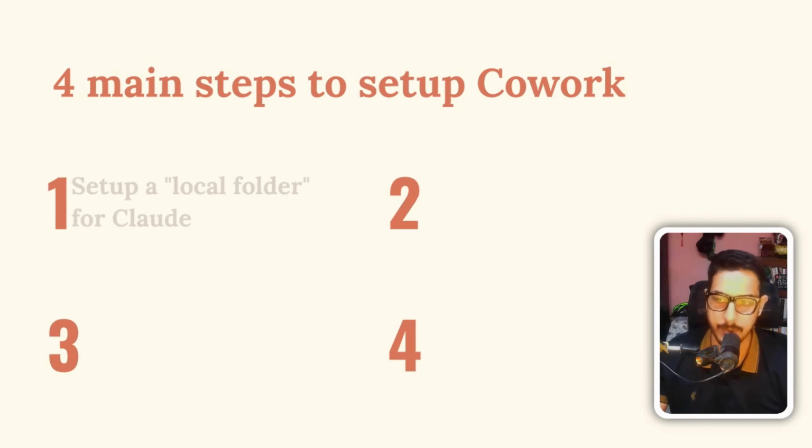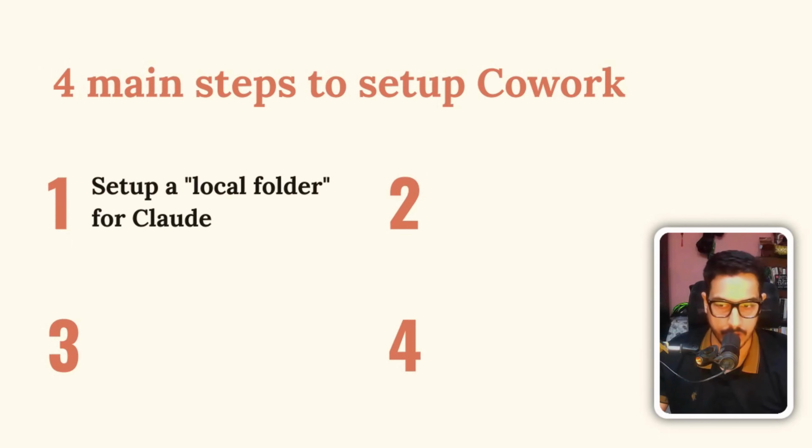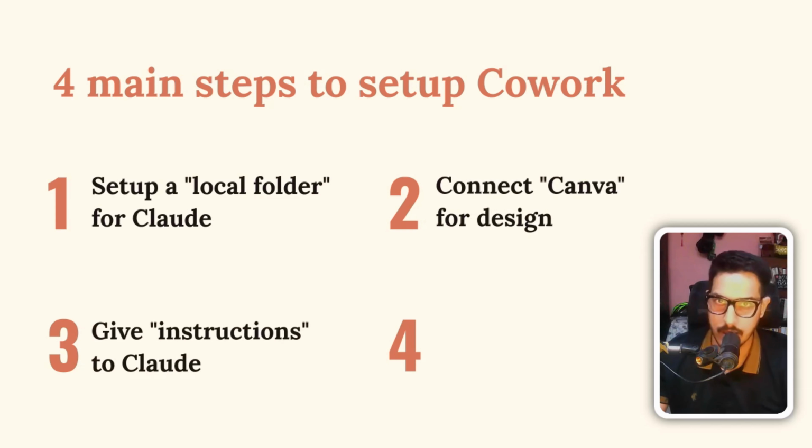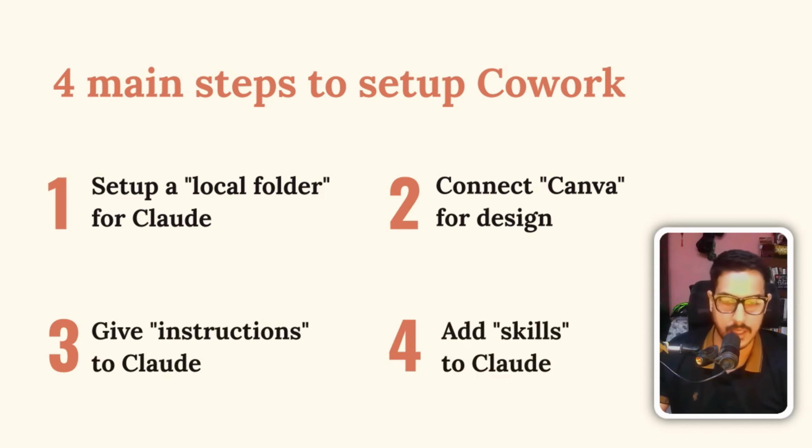One is set up a local folder for Claude. Number 2 is connect Canva for design purposes. Number 3, give Claude the instructions that it should have while creating any marketing asset. And number 4, give it the necessary marketing skills. We will learn this step by step.